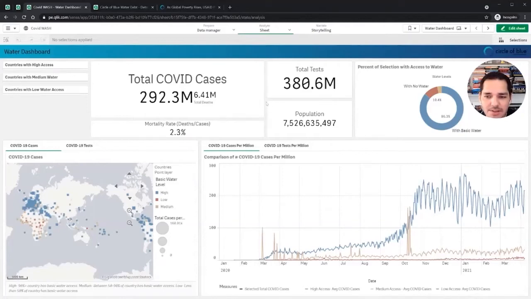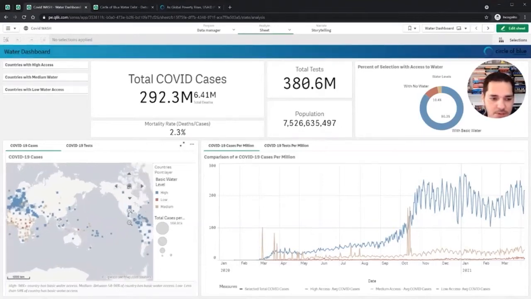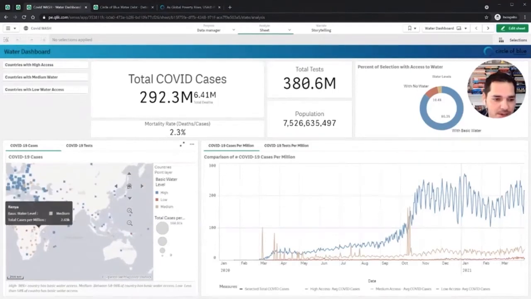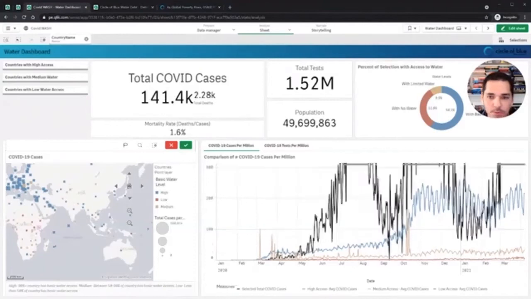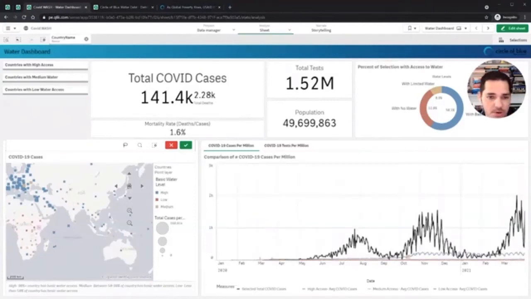But really interestingly is how this might compare with different countries and their rankings for high, medium, and low access to water. So in a recent story by Circle of Blue, they focused in on Kenya, which we'll zoom in here, is under a medium level from the World Bank for medium access to water.